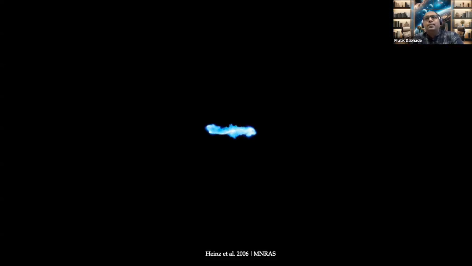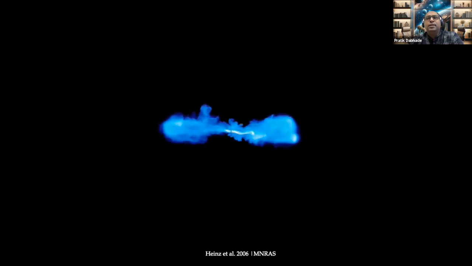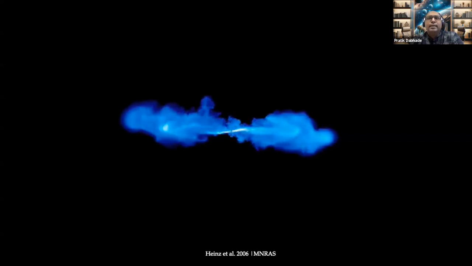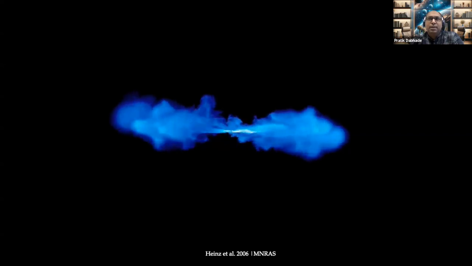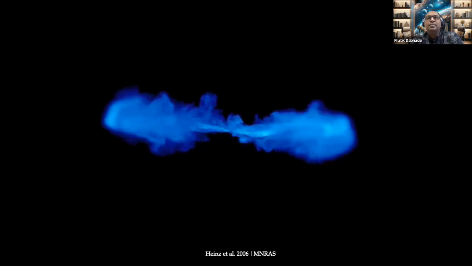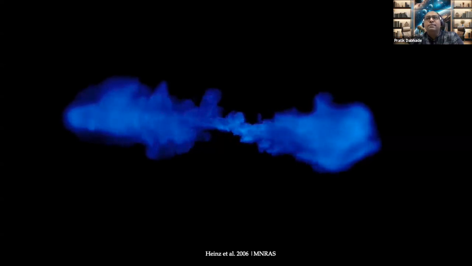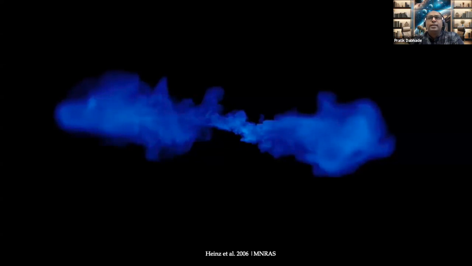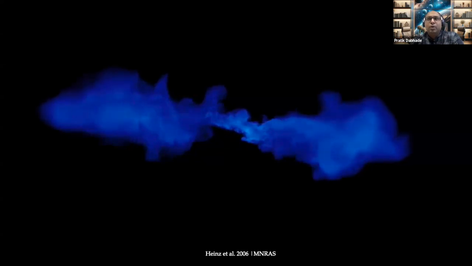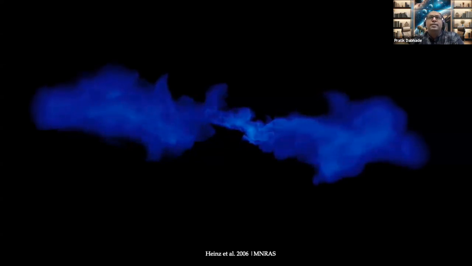And this is a simulation showing how the jets propagate as a function of time and distance. You can see that they can create all sorts of instabilities, we can see the hints of plasma instabilities. And then after a point, if the jets switch off, we don't really see the prominent hotspot as we saw in the previous example.